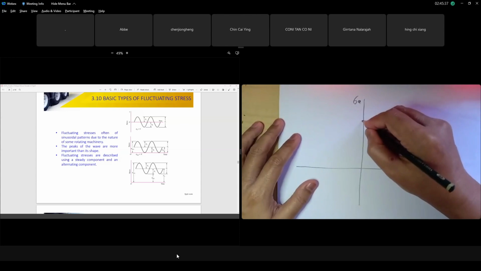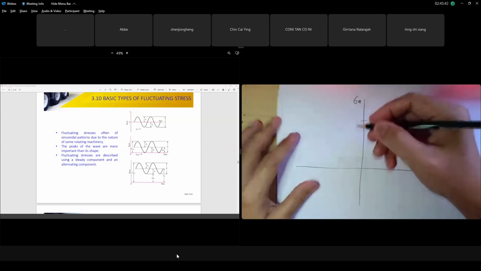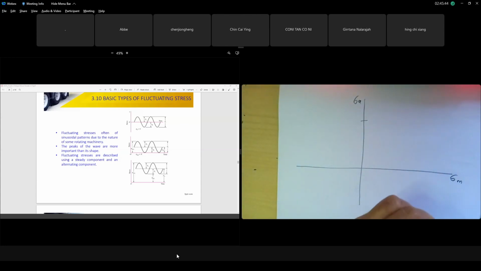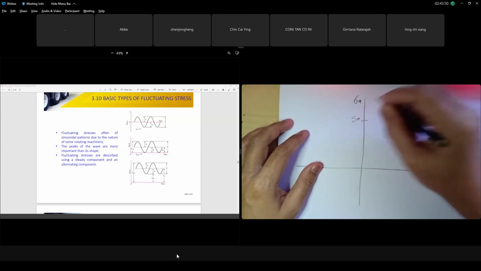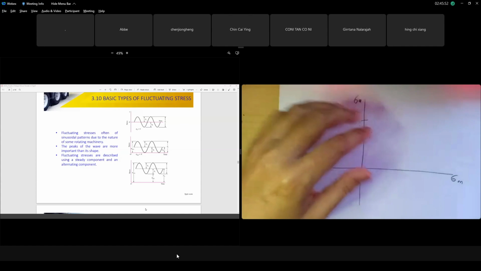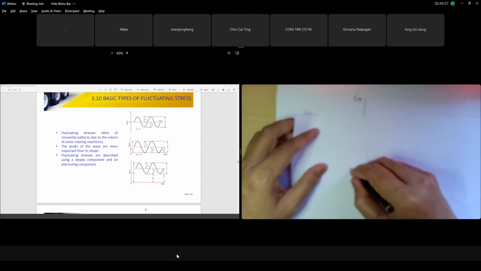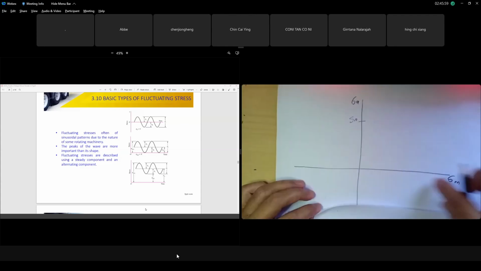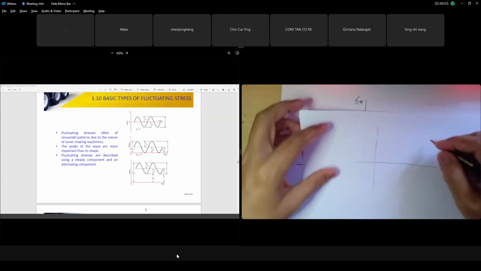This is SN. Sorry guys, let me repeat. My mistake. This is SN, the limit. All these points are where your mean is 0. Be careful about it.